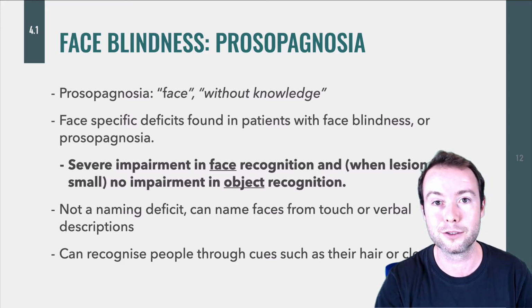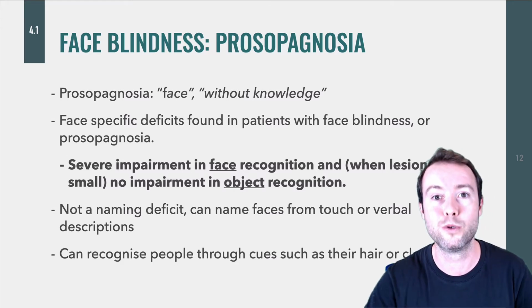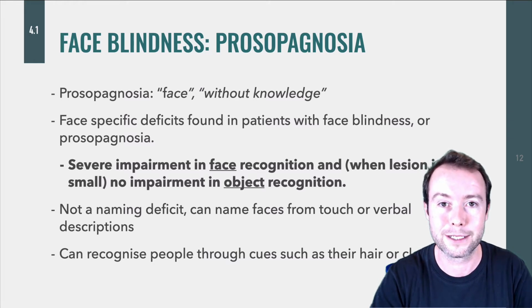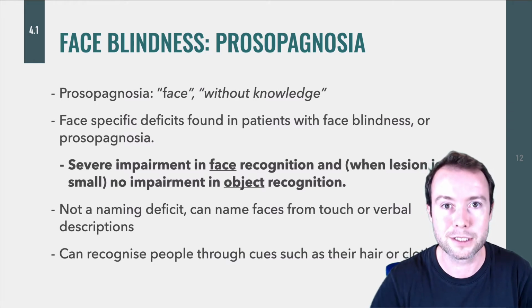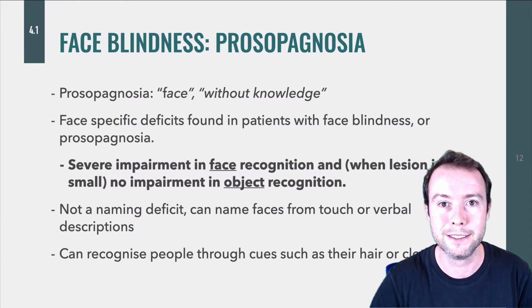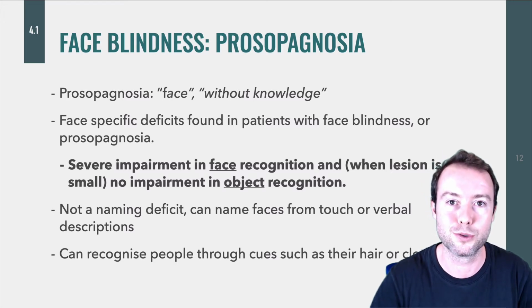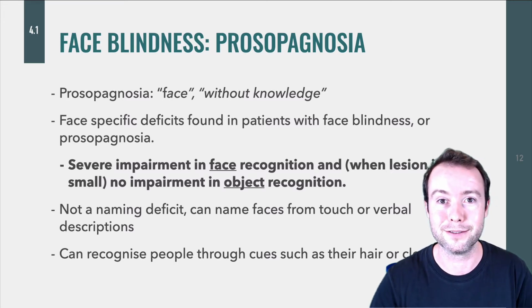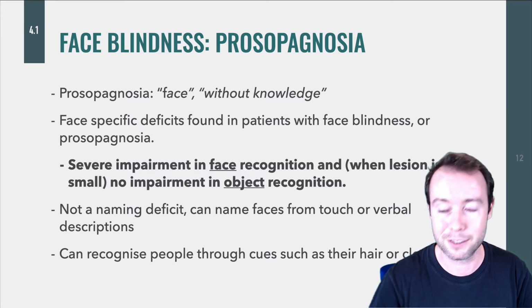It might be cues to do with the way that they walk in order to recognize them. But generally this can be quite a socially debilitating disorder to have. I mean, if you imagine you now being unable to recognize people's faces, it'd be very difficult in a busy room to effectively navigate and interact with other people.